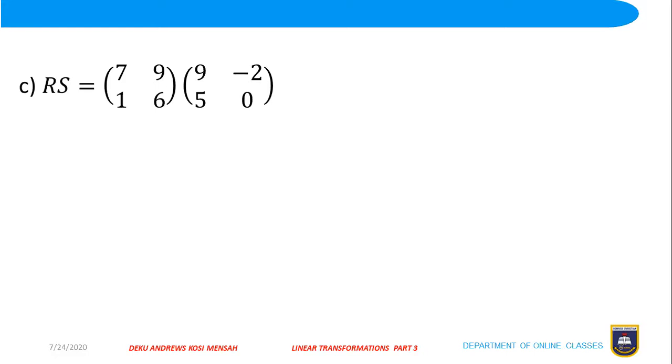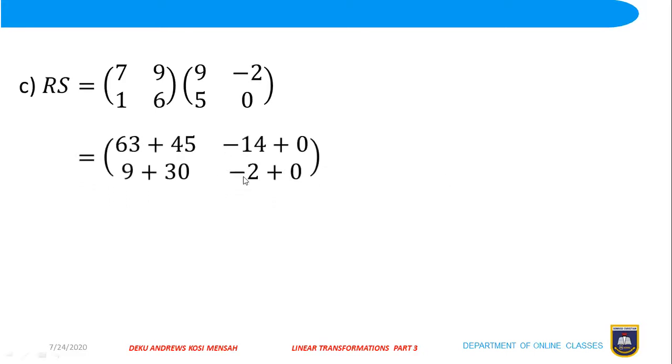So we solve for RS. Solving for our RS, we have 63 plus 45, negative 14, 0 plus 0, 9 plus 30, and negative 2 plus 0. If you simplify, we have 108, negative 14, 39, negative 2.